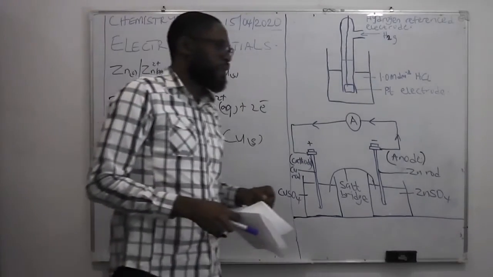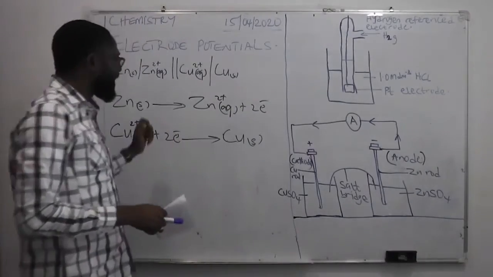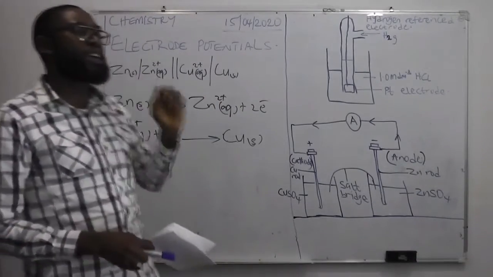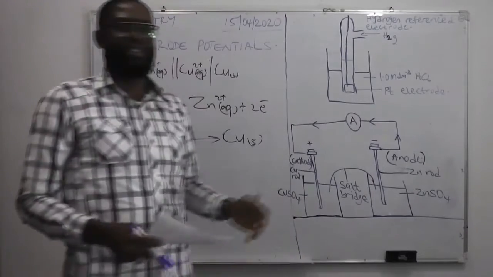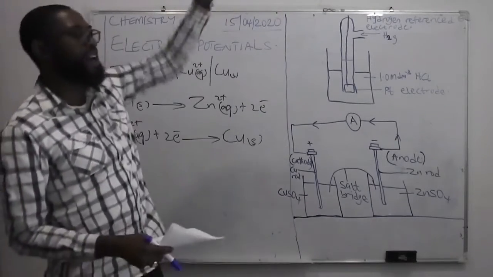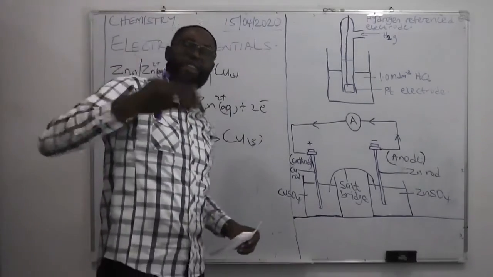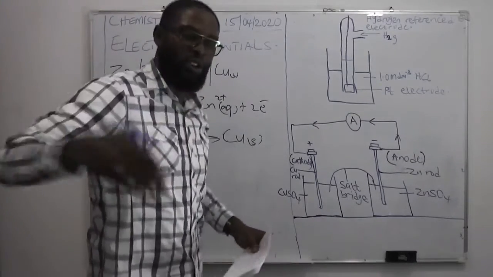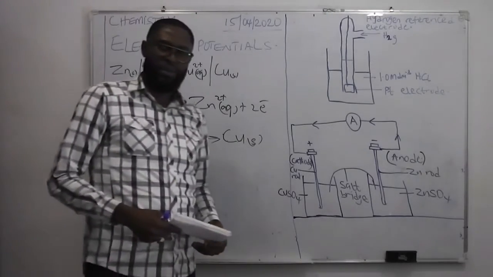Now, when you immerse a particular metallic rod into its salt, a potential difference exists between the salt of that metal and the metal itself. That potential difference that exists between the metal and the salt of that metal is what we call electrode potentials.